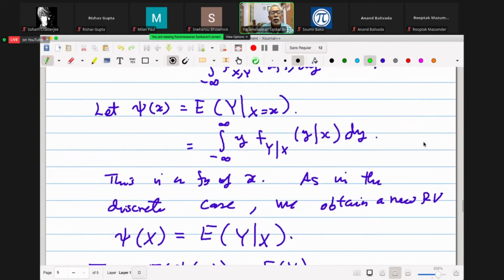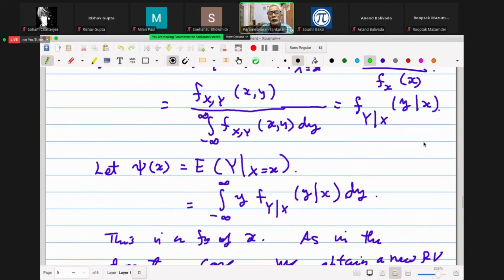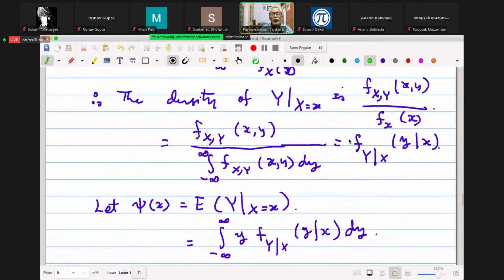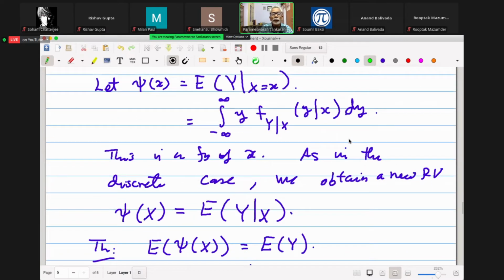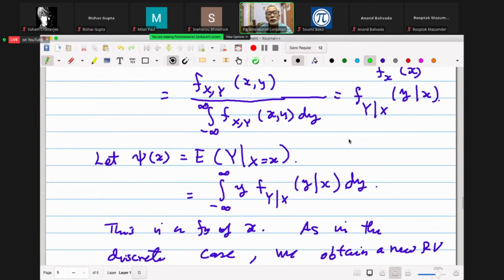What is the density function? It is just f(x, y) divided by the integral from minus infinity to infinity. Therefore, what I need to do is compute this.